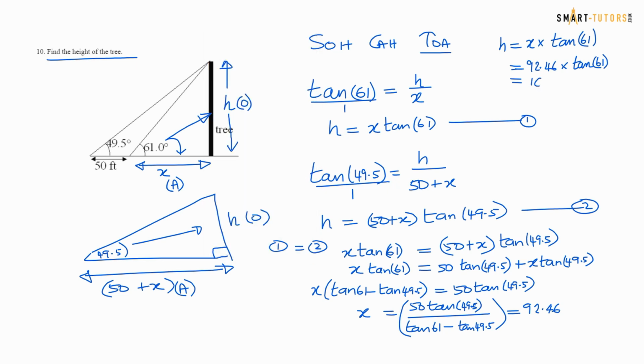So 166.8 meters. Oh, sorry, the answer is in feet, so the question is in feet. So we just leave it as h equals 166.8. So that is the answer for question number 10.